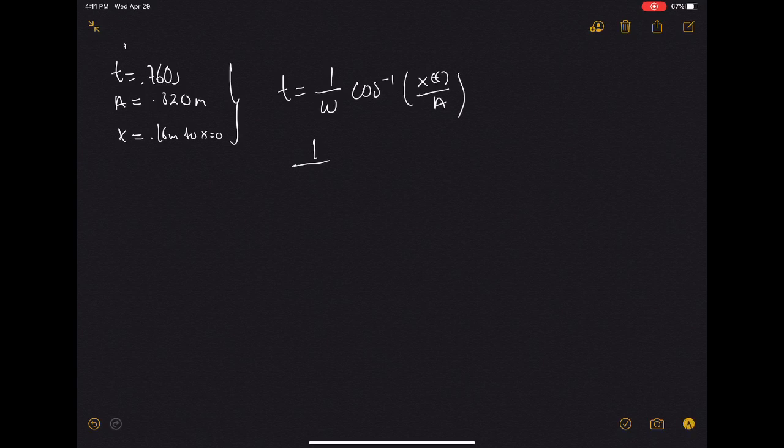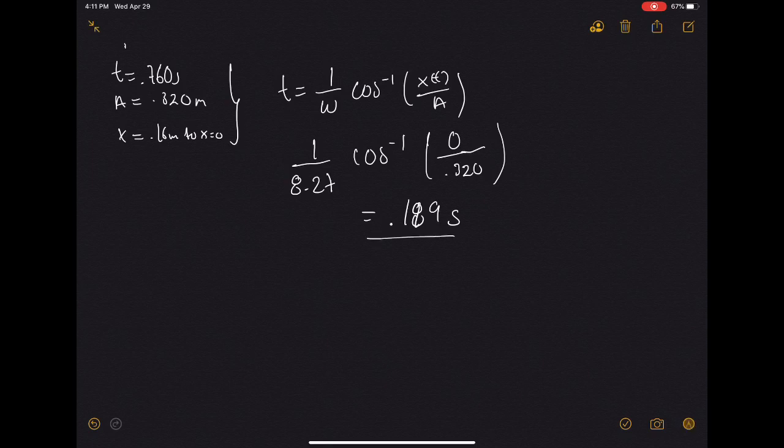So we have 1 over 8.27 times inverse cosine of 0 over 0.320, which is the amplitude. We solve for that, and that's going to give us 0.189 seconds. So this is the time for the whole trip from 0.320 to 0.